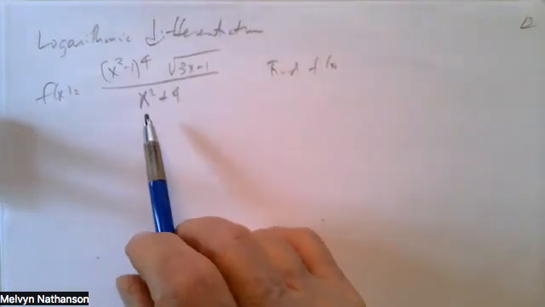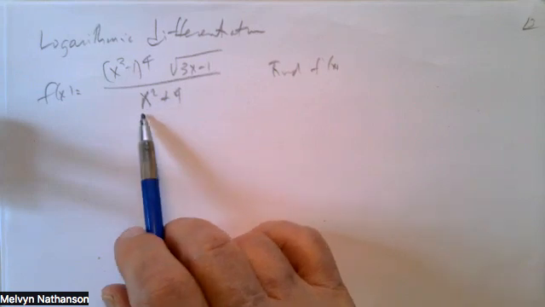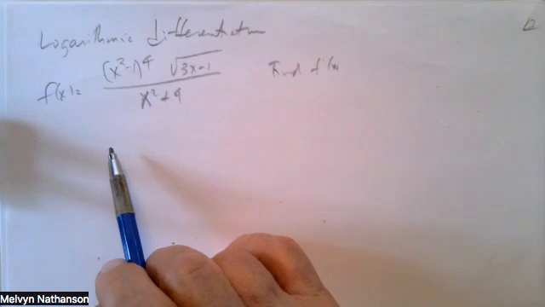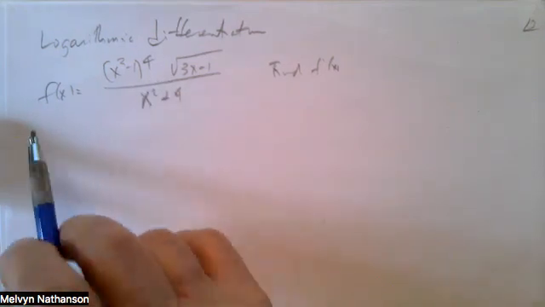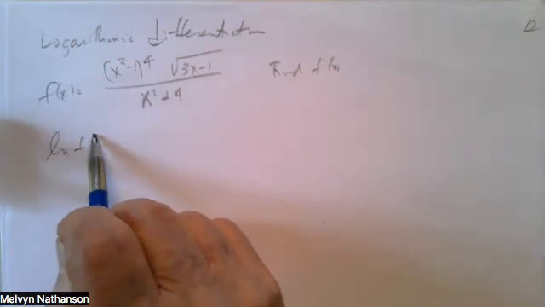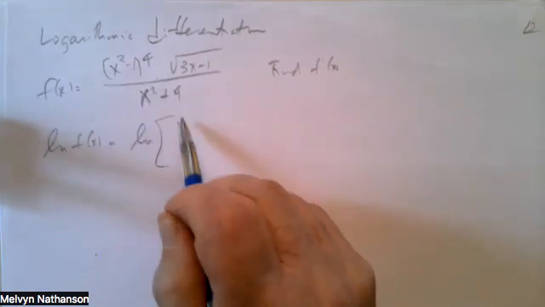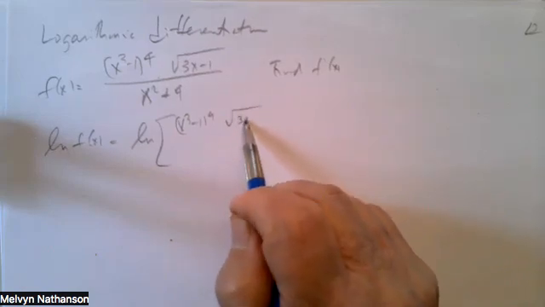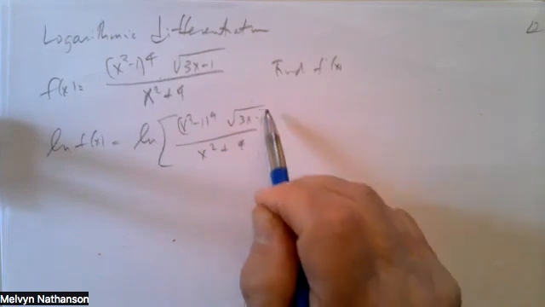Now, we could use the quotient rule and the product rule and the chain rule, and we would solve the problem. There'd be a lot of calculation, but we could solve the problem. But an easier thing to do when you have something which looks like this general form is to take the log of f of x. So that's the log of this x cubed minus 1 to the 4th square root of 3x minus 1 over x squared plus 4.